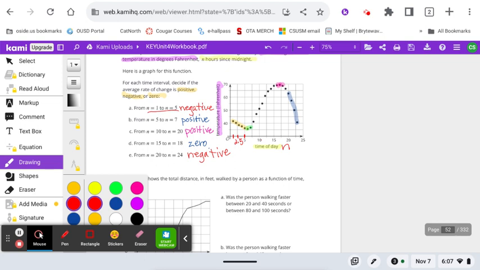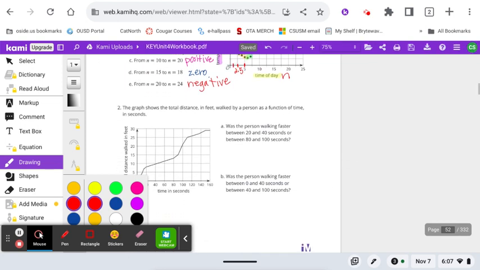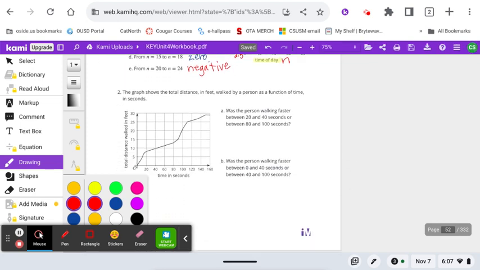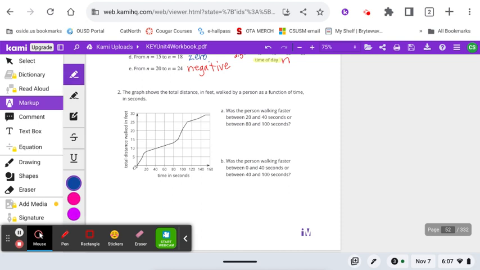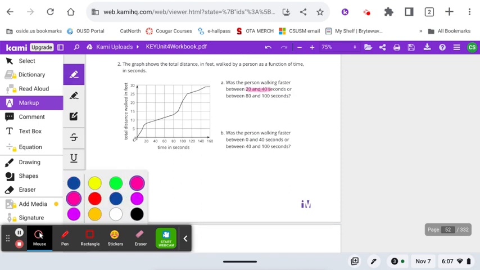Okay, next we're looking at a graph that's showing the total distance in feet walked by a person as a function of seconds. Was the person walking faster between 20 and 40? So down here we're looking between 20 and 40 along this axis.